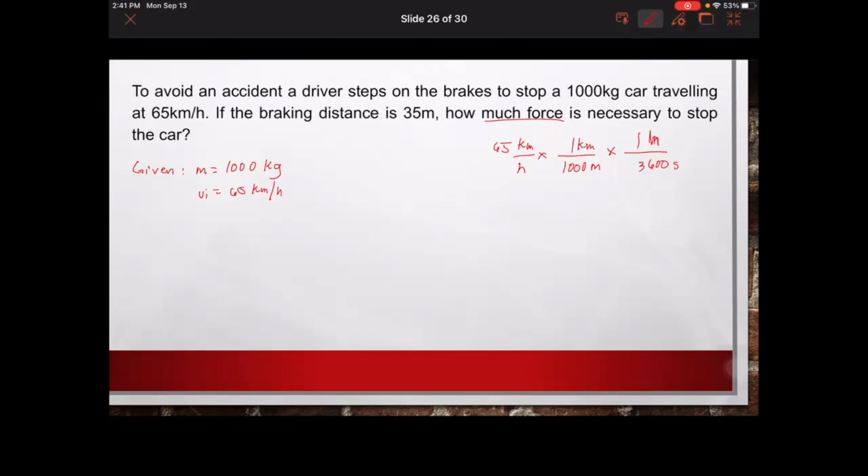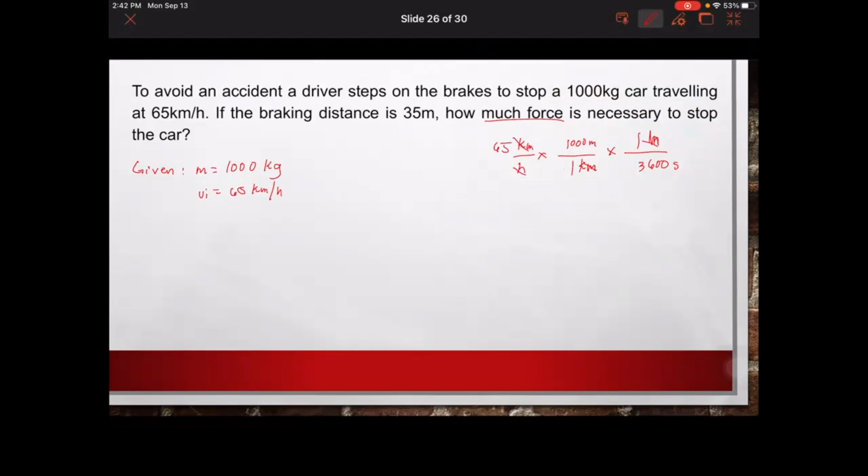Baliktad. Yung mga ito nagre-react. Kasi cancel. Ayan. You can have 65 times 1,000 divided by 3,600.